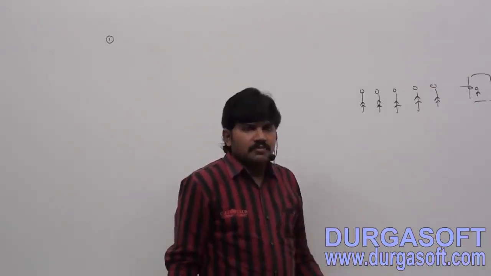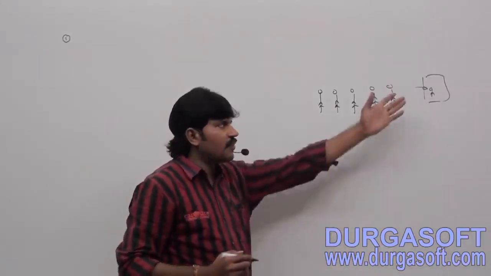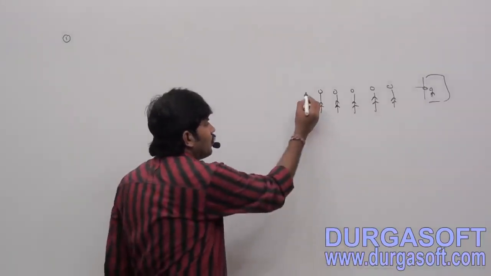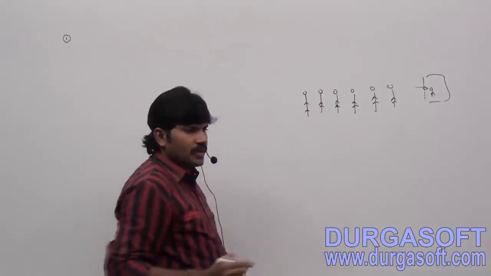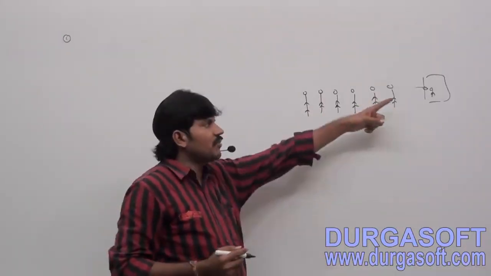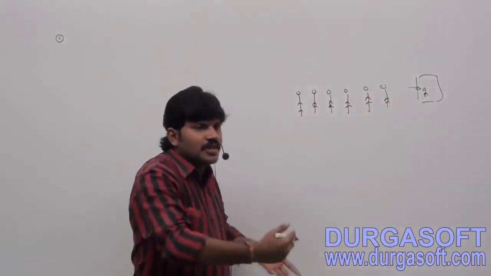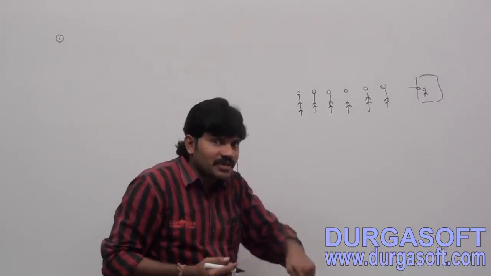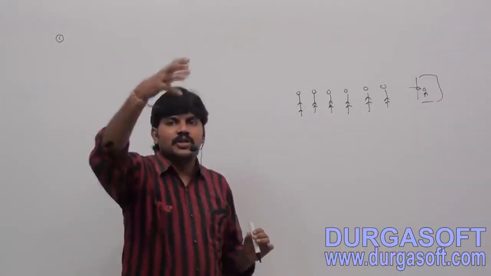Another person came: boss, I want the service. So make him stand in the queue, and he will get that service. So I want to add an object means you have to offer some service for this person.